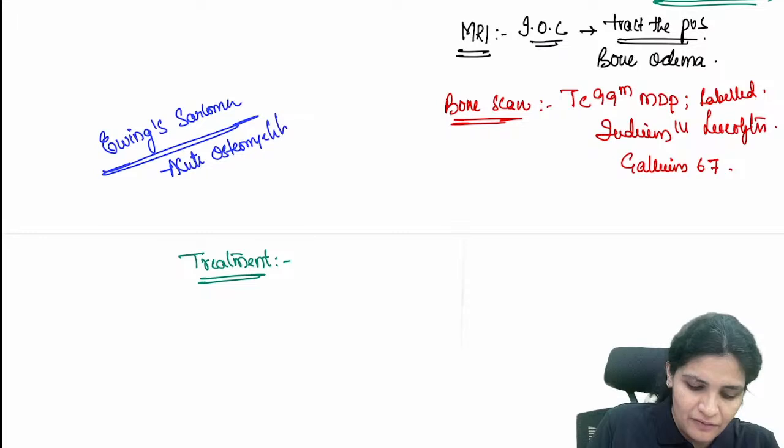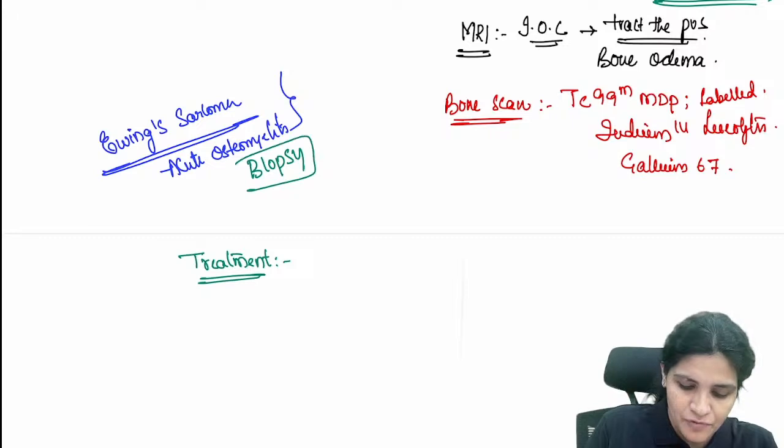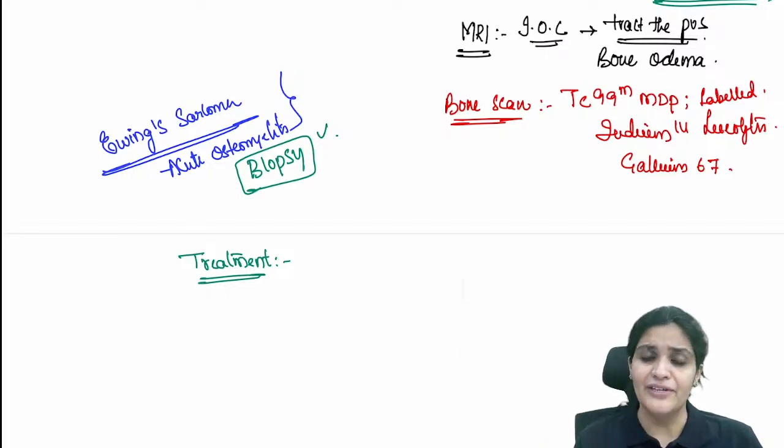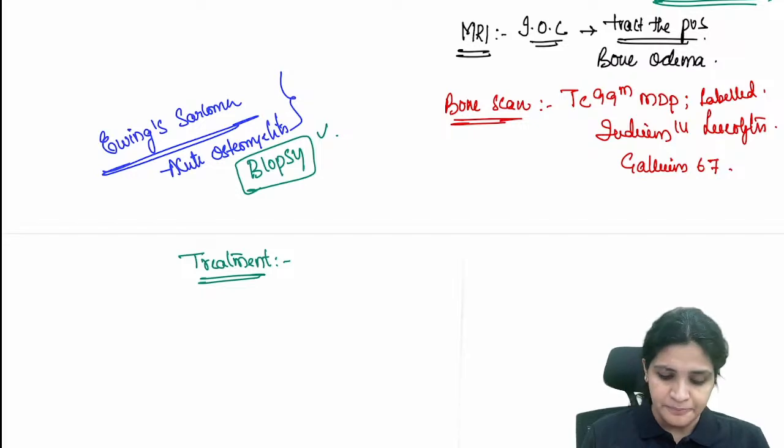So whenever you are in doubt, the one thing which is very useful to you is biopsy. You always consider it the gold standard. But usually in practice, we take the X-ray first and then go for MRI, and based upon this we start treatment, right?